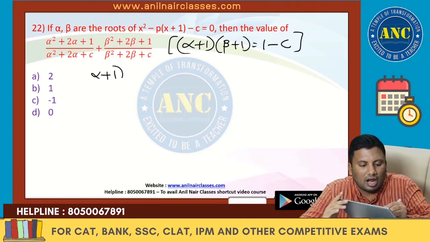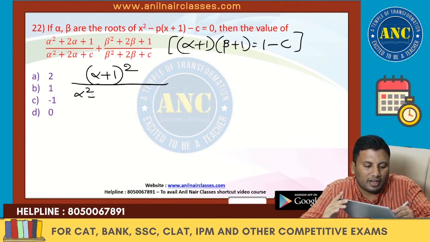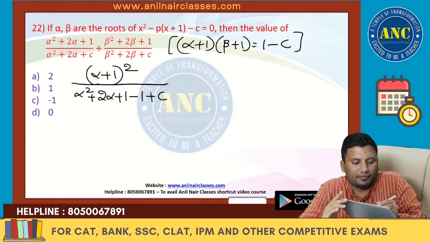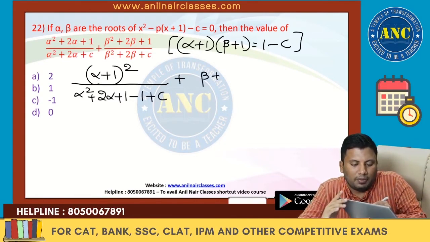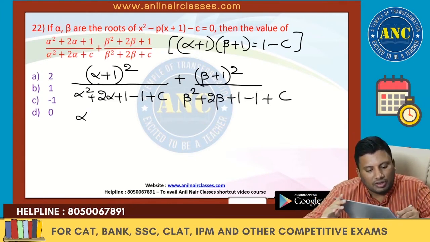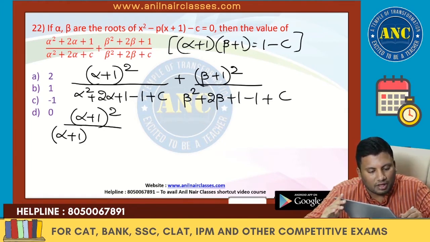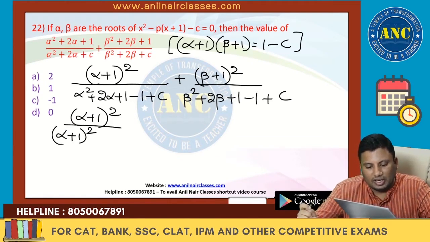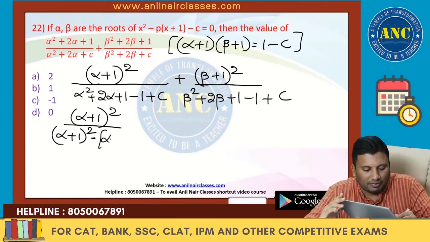This is alpha plus 1 whole square divided by alpha square plus 2 alpha plus 1 minus 1 plus c. This is nothing but beta plus 1 whole square. Add 1 and subtract 1, plus 1 minus 1 plus c. This is nothing but alpha plus 1 whole square by alpha plus 1 whole square, 1 minus c. It is minus of alpha plus 1 into beta plus 1.